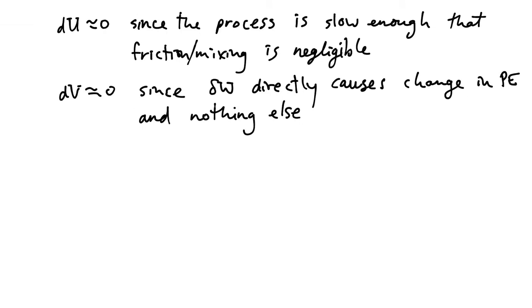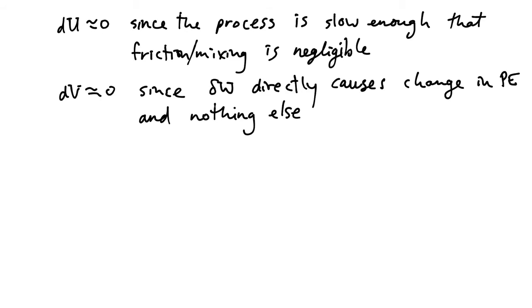So just to recap our justifications in the simplifications of Gibbs' equation, we said that the change in internal energy is negligible because we're assuming that even if this is not in a vacuum, if it has a medium around it, the process is at least slow enough that friction and mixing are negligible and there's no increase in internal energy as a result.